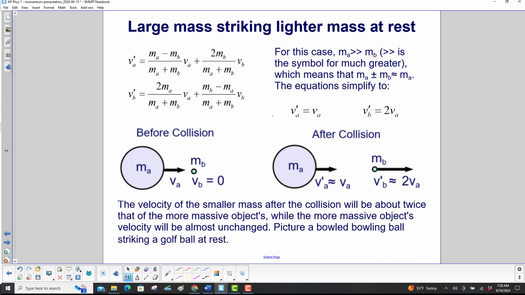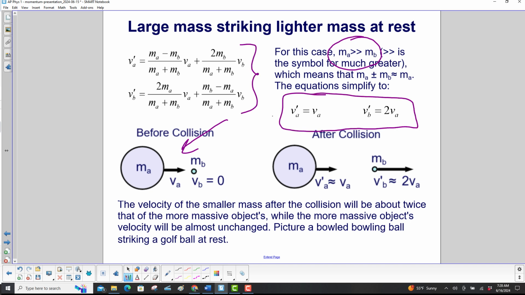Now let's try a large mass striking a lighter mass at rest. So in this case, MA is going to be much greater than MB. That's seen over here. That double greater than sign means much greater. That means that MA plus or minus MB is roughly going to equal MA because MB is so small. So if we substitute those variables into these two equations, it simplifies to this.